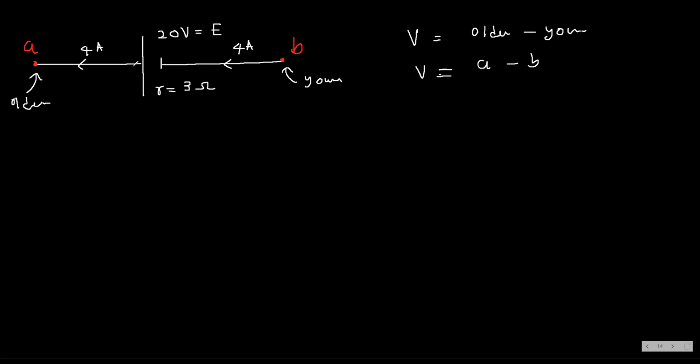That is the next question, actually. Now I'm going to calculate the voltage. First, I take it out. This one is 3 ohm and this one is 20 volt, and 4 ampere current is passing from here to here.